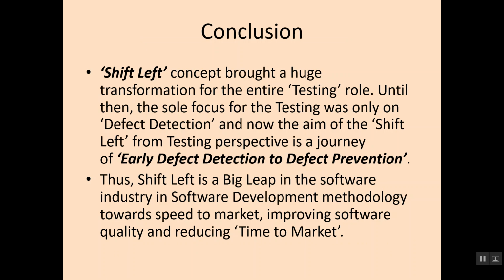So the conclusion is that these concepts brought a huge transformation for the entire testing role. Until now testing was considered only for defect detection, but now it is a journey from early defect detection to early defect prevention.